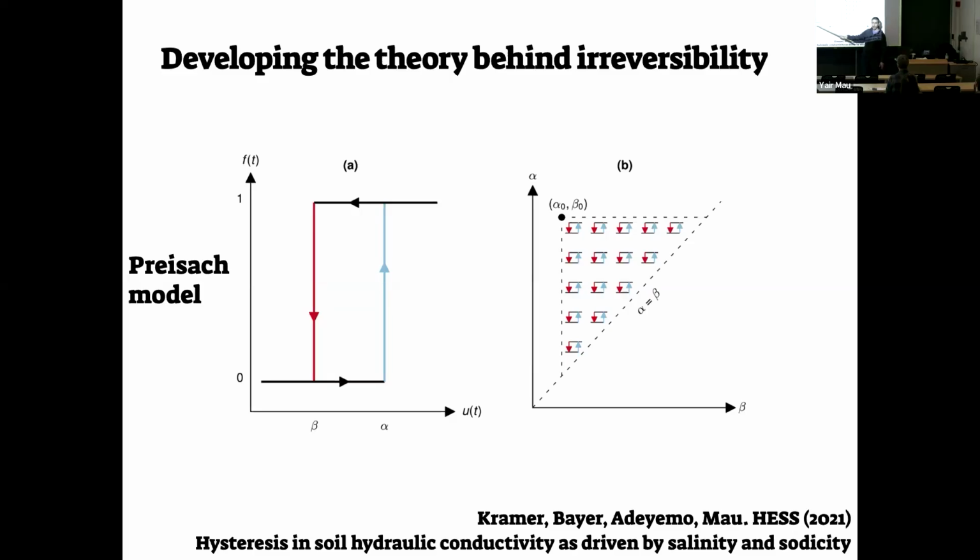But once you go down, in order to go back up, you don't go back up with the red curve, you go with the blue. Another term for that is hysteresis. For me, hysteresis and irreversible processes are synonyms.